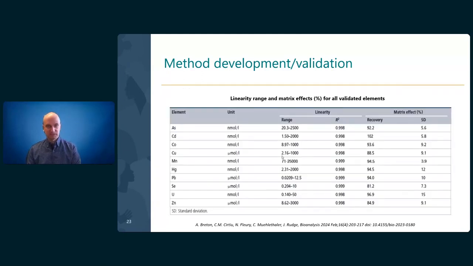Then we determine the linearity range and the matrix effects. We just wanted to make sure that everything works fine when you change from one type of blood to another one, so there is no change in the quantification or impact on the level quantification.